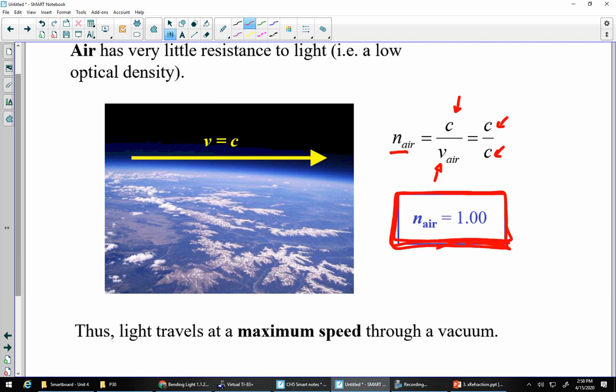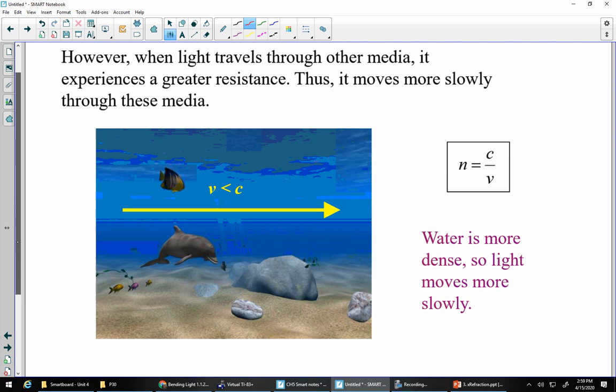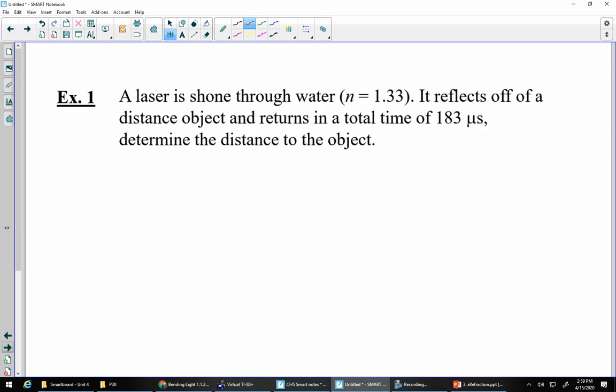So if we have a smaller number in the denominator up here, that means we're going to have bigger values. So this should be the smallest n value that we see, smallest optical density that we see. So just keep that in mind. Pretty much everything else moves a little bit more slowly. Water's more optically dense, diamond, all those different things we mentioned are more optically dense.